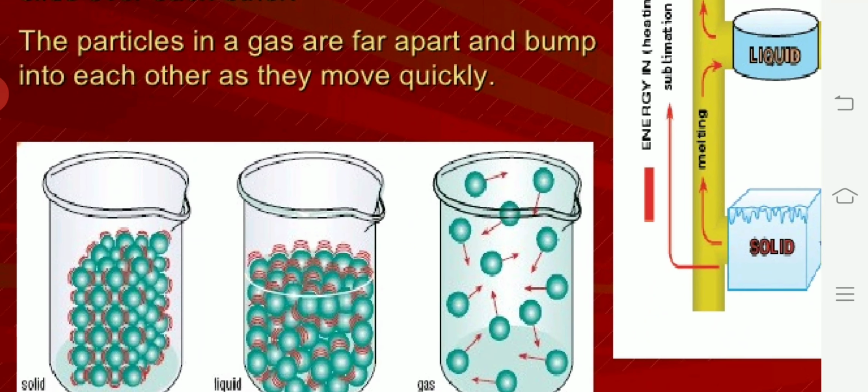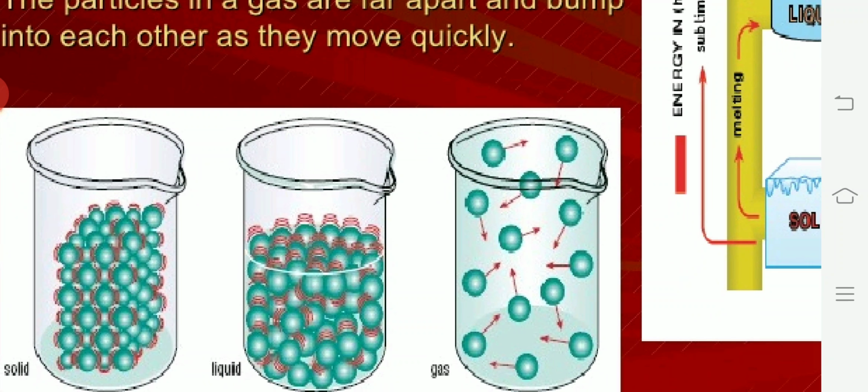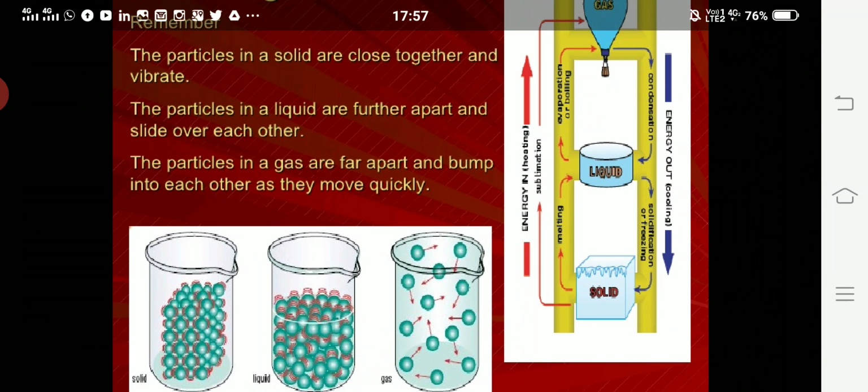But if you heat more and more, you can find that all the particles of that substance start moving randomly and fast. So this is an example of physical change where the same substance changes its state to liquid or gas because of its molecular arrangement. Ultimately these changes occur because of changes in molecular pattern. So it's called a physical change.